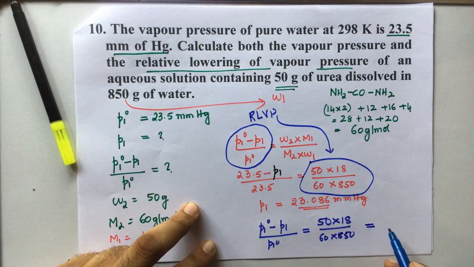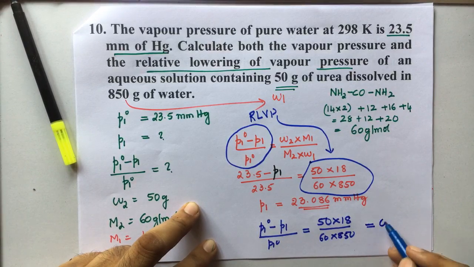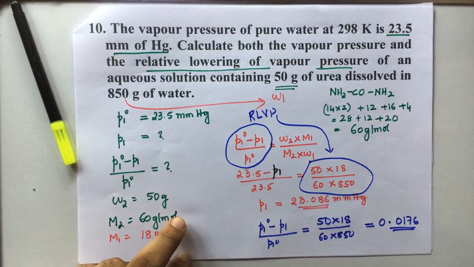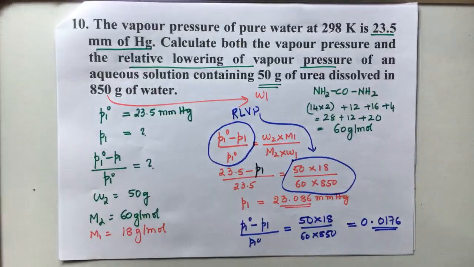This will come out as 0.0176. This is not having any unit. So this is all about question number 10, which is given in your material. Just note down the solution, students.